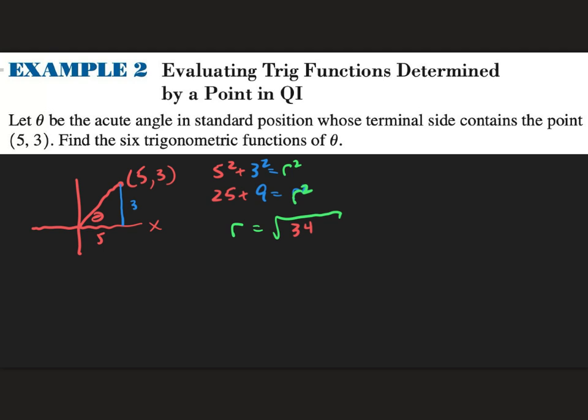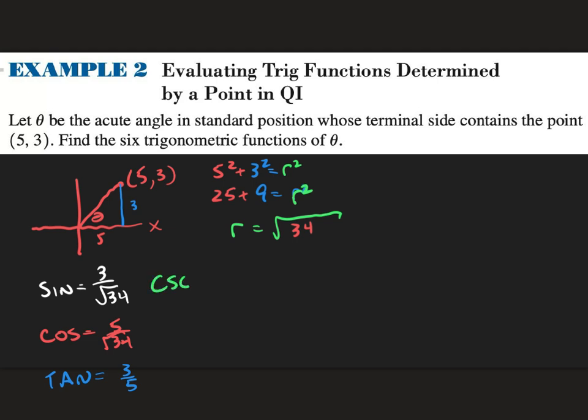So now we know the sine is 3 over root 34. The cosine is 5 over root 34. We're going to fix the things in a second, but let's just get the basics. So the tangent is 3 over 5. Now, what's opposite the sine is the cosecant.